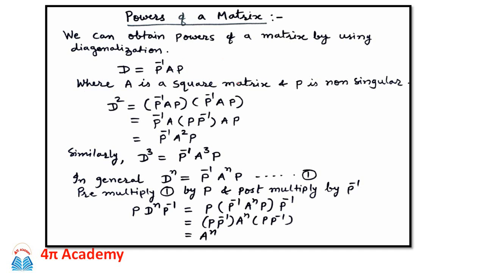So here A is the square matrix and P is definitely the non-singular matrix, because we need to find here the P inverse, and the condition for inverse matrix is it should be a non-singular matrix.